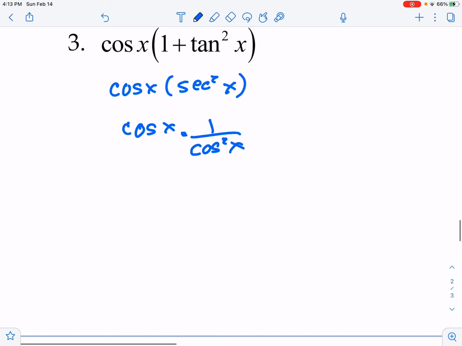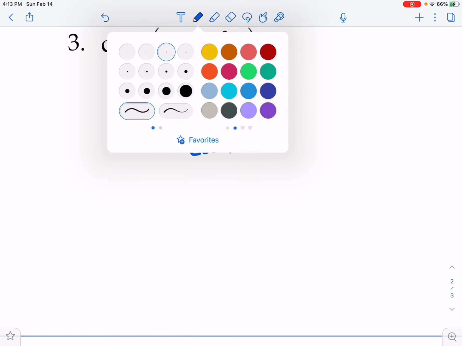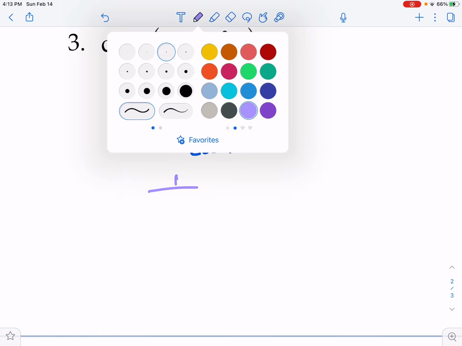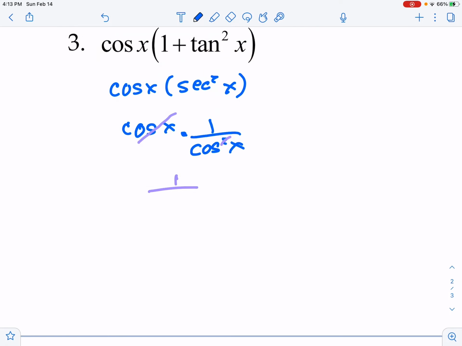Then I can cross out, oh, I didn't know there were those colors. Why didn't somebody tell me that? Let's do lavender. This crosses with that and that with that. How long in the school year, and I just learned that? So I'm left, sorry, I go back to blue. 1 over the cosine, and 1 over the cosine is the secant.